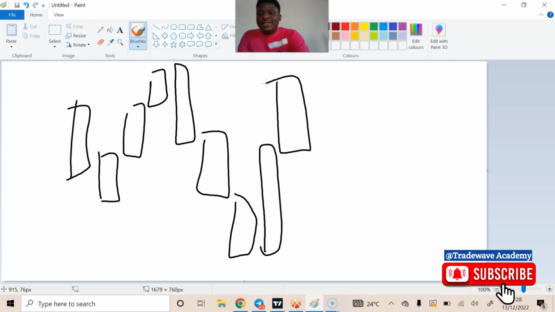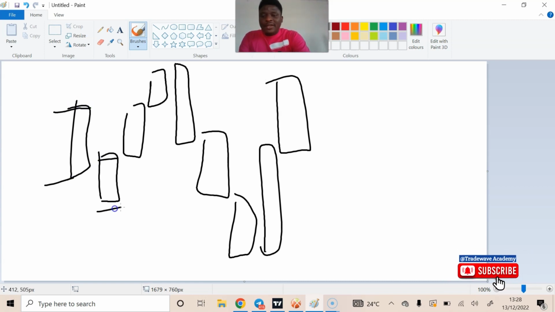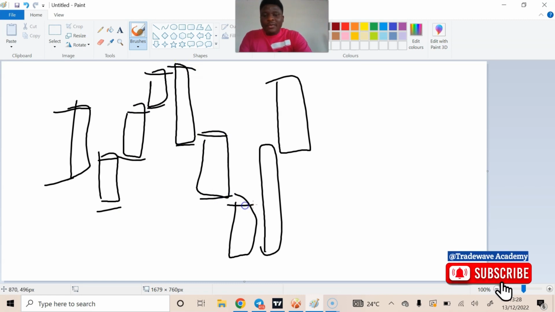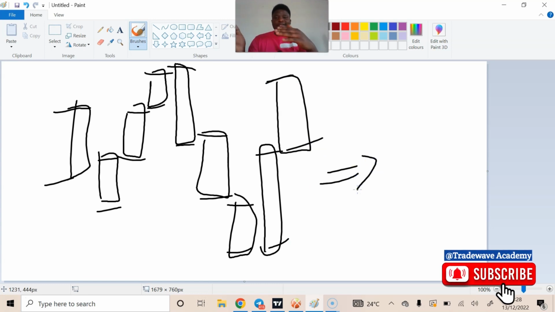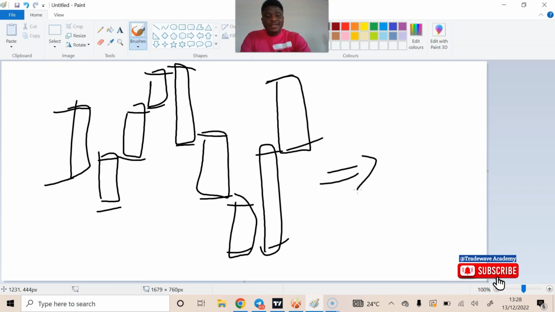So it calculates the open and close of the number of pips of these 10 bars and gives you an average value. Let's say the average value of these 10 bars is 15 pips.